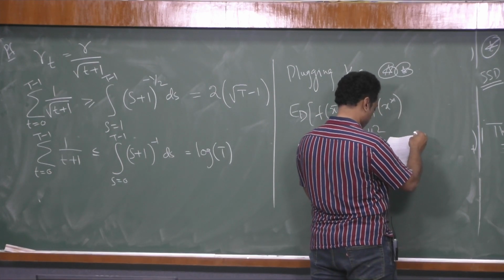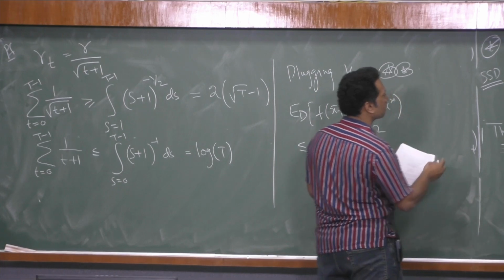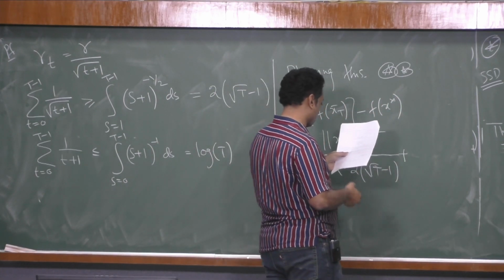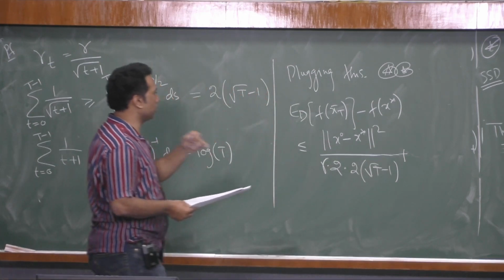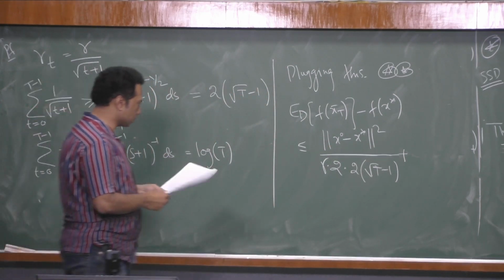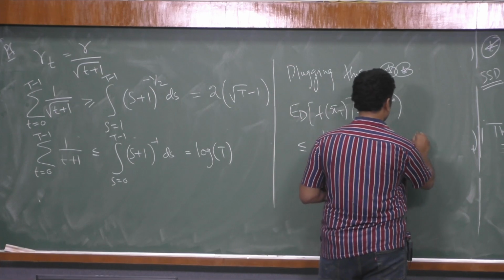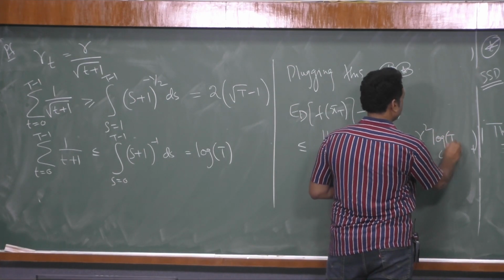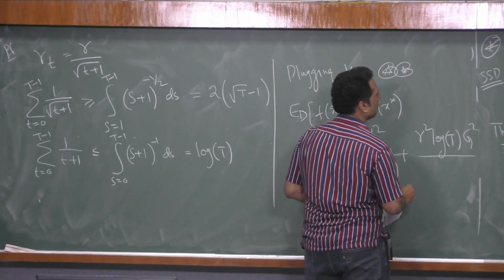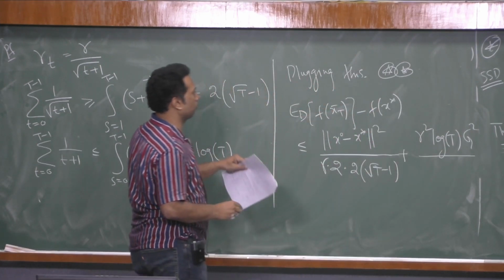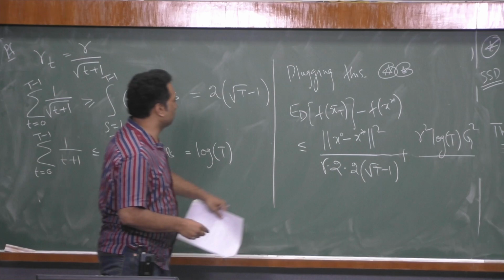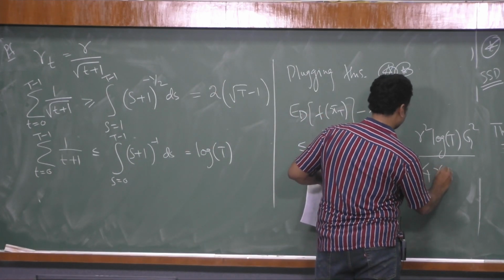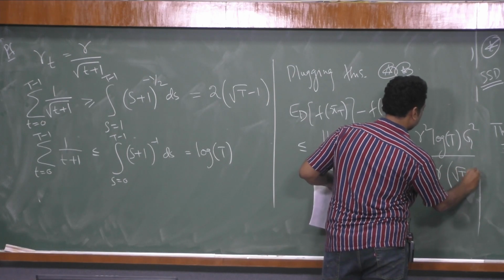Is everything fine? Because of the denominator there is one gamma, so eventually it gets cancelled and it has been simplified here. So gamma squared log of t divided by the same stuff, which is 4 gamma square root of t minus 1.